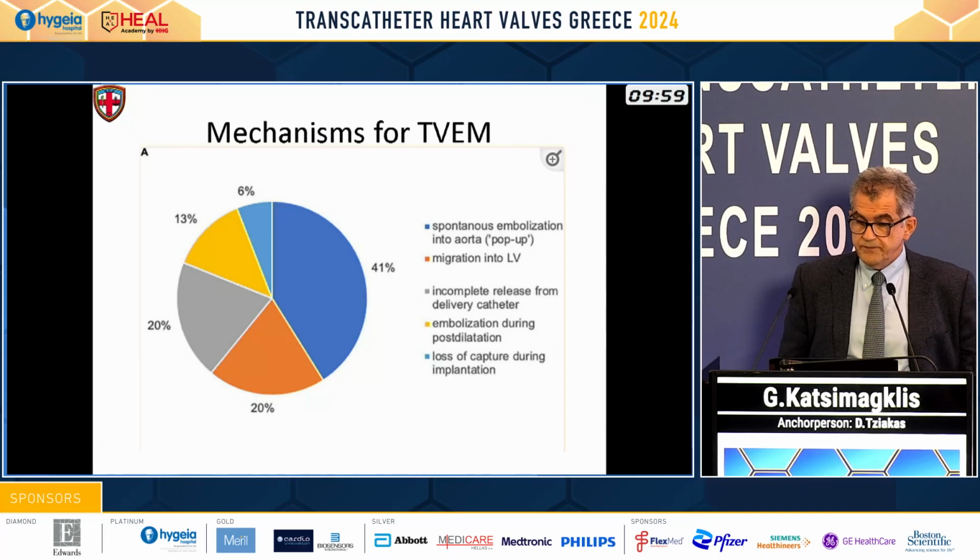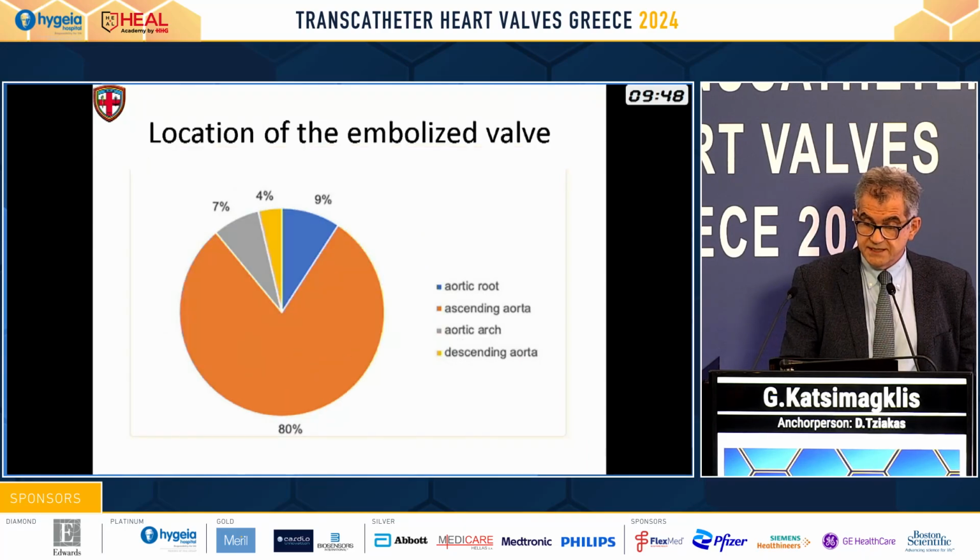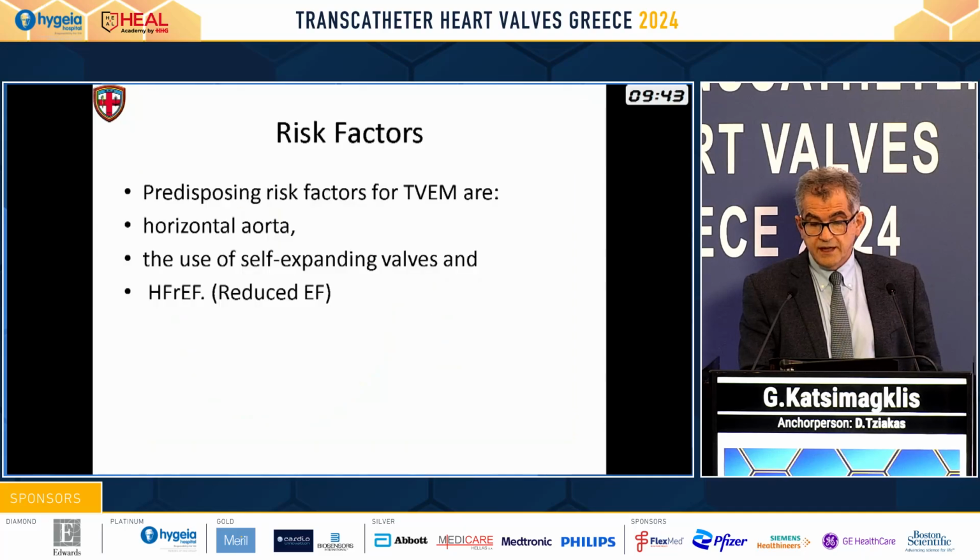The majority of the embolized valves were in the aorta, 41%, and for this 41%, the majority was in the aortic root.